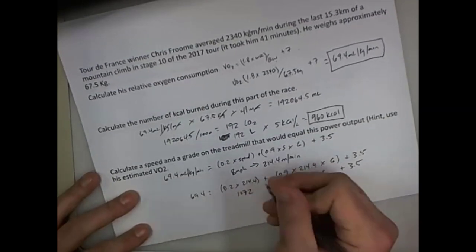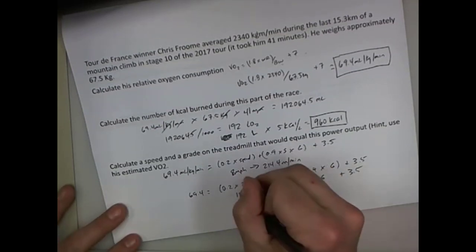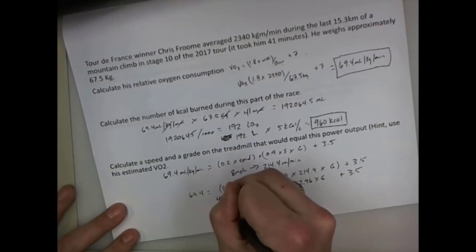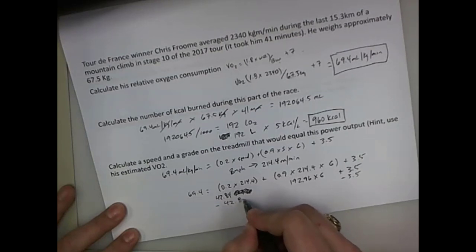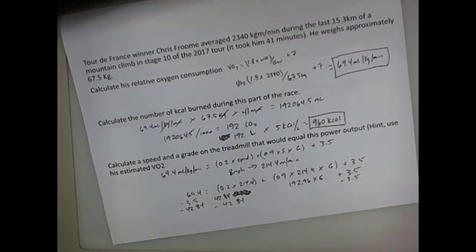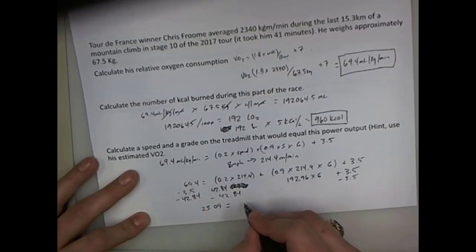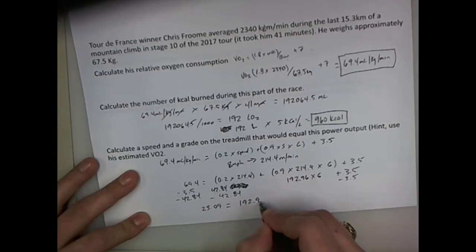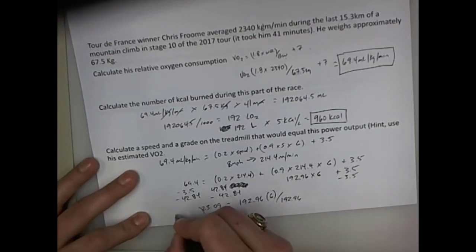So 69.4, subtract 3.5, subtract 42.84, is 23.09, which is equal to 192.96 times our grade. We need to divide that by 192.96.